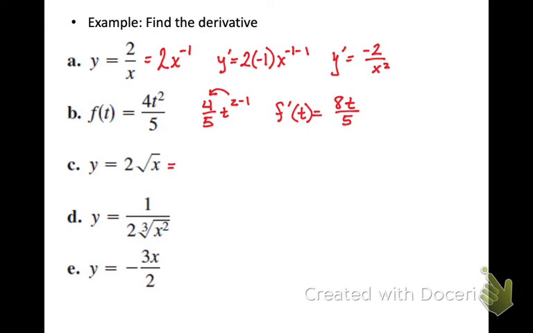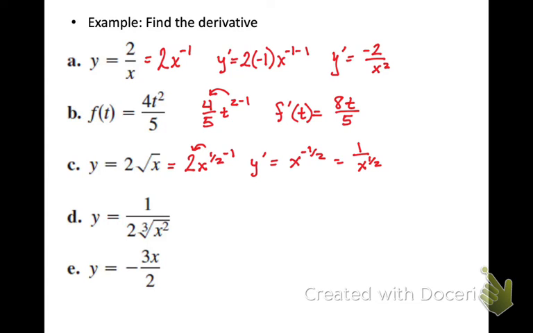So 2 times the square root of x is going to be rewritten as 2x to the 1/2. Half of 2 is 1. And then we have to subtract 1, so we'll have x to the negative 1/2, which is 1 over x to the 1/2.